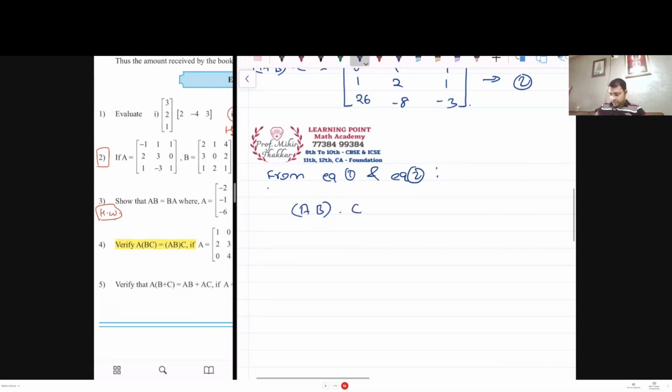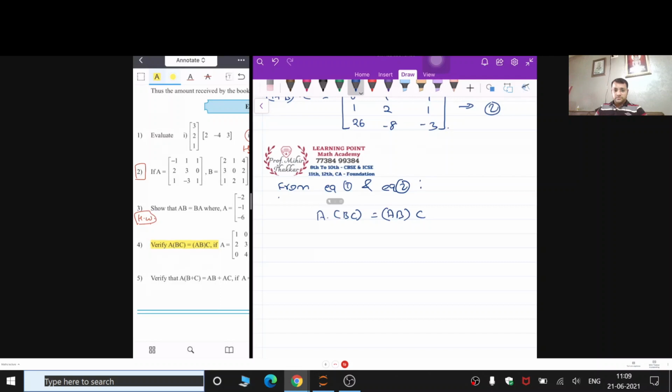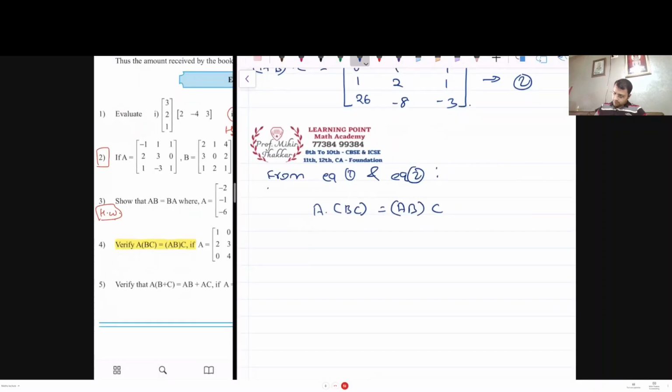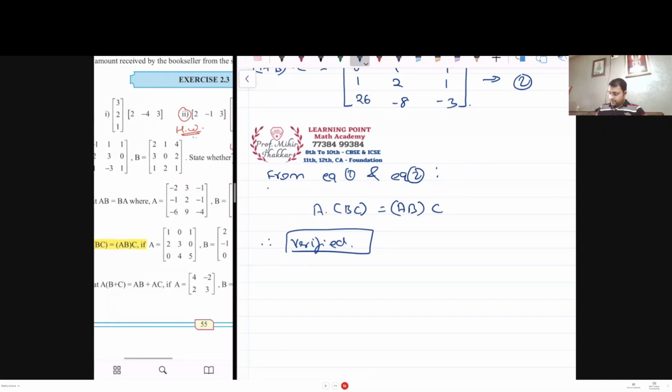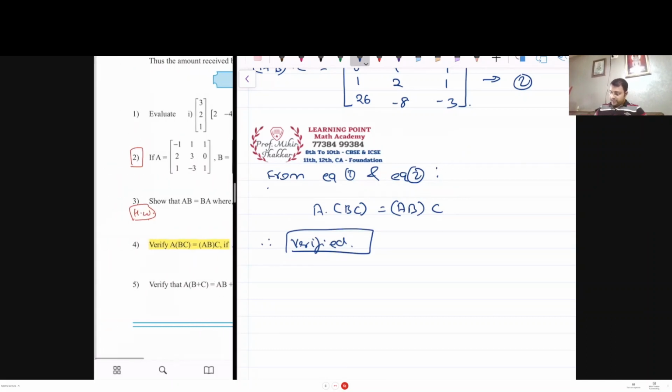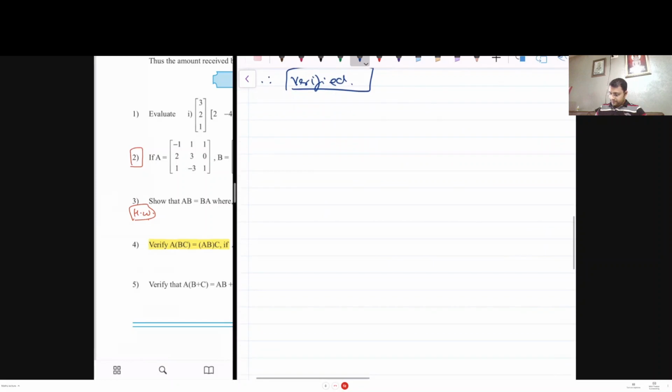AB into C is equal to, in fact A into BC on the left side. So let me write it like that. Therefore, verified.